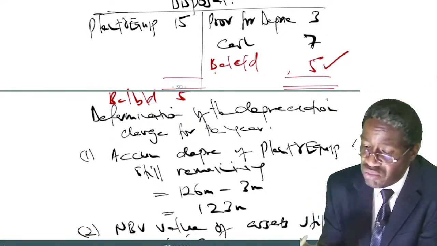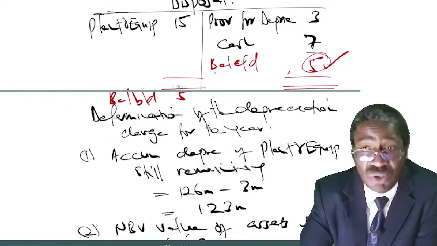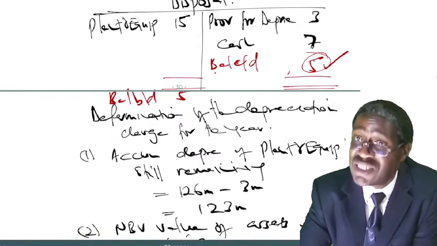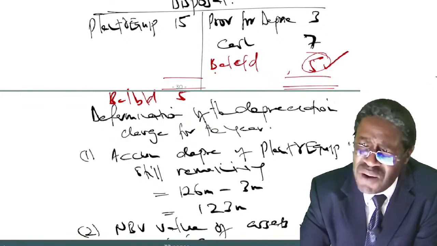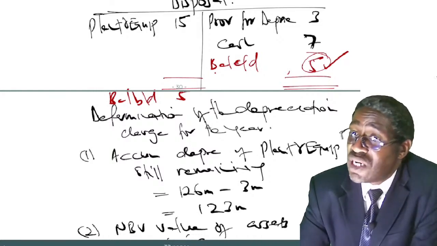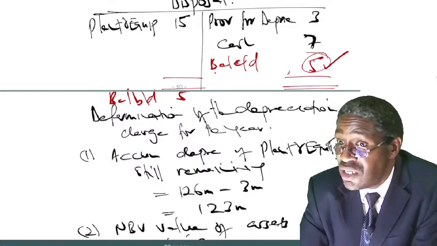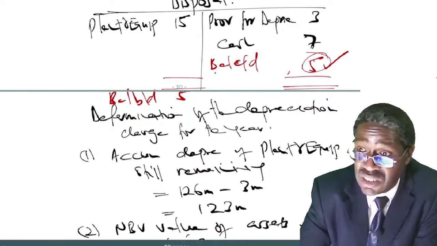So don't assume that because the difference was on the credit side, it's a credit balance. No. If I was to balance this account and carry down the balance, the account will still have a debit balance. Why? Because we don't determine the balance of an account by where the carry down is. You normally determine the balance of an account by where the brought down is.